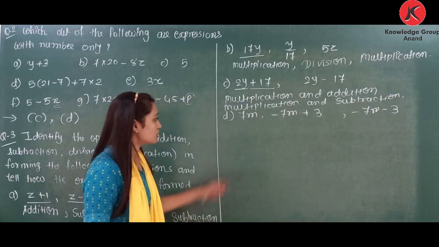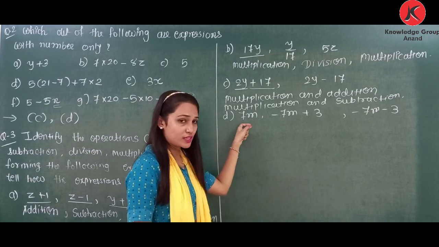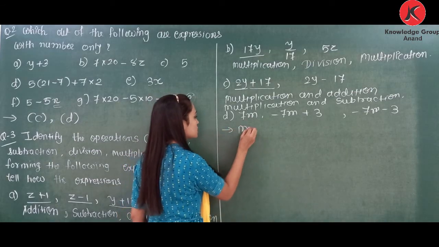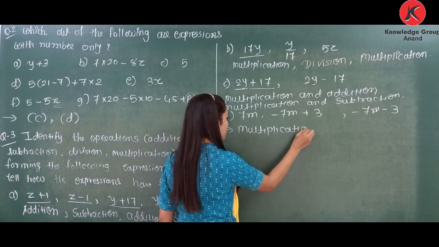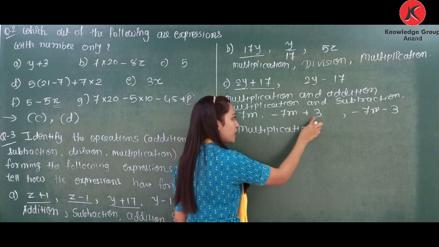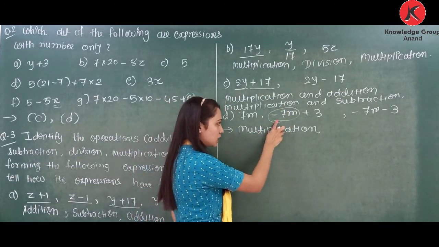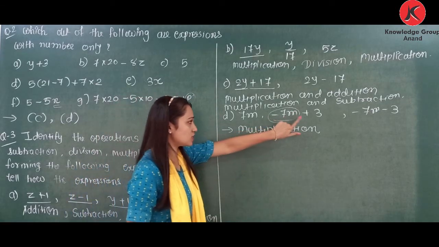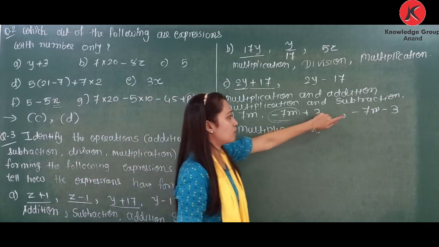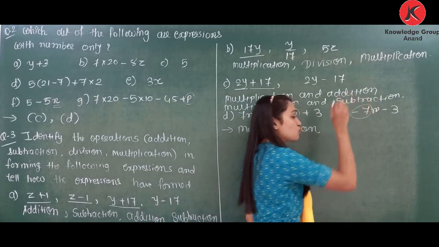For the next one, 7n. So for the first expression 7n, it is multiplication, so we can write for the first, multiplication is performed. Minus 7m plus 3. Now here it is not a subtraction. Minus 7 is an integer and then it is multiplied with m. So first it is multiplication and then addition. For the third one, minus 7m minus 3. Again minus 7 is not a subtraction.